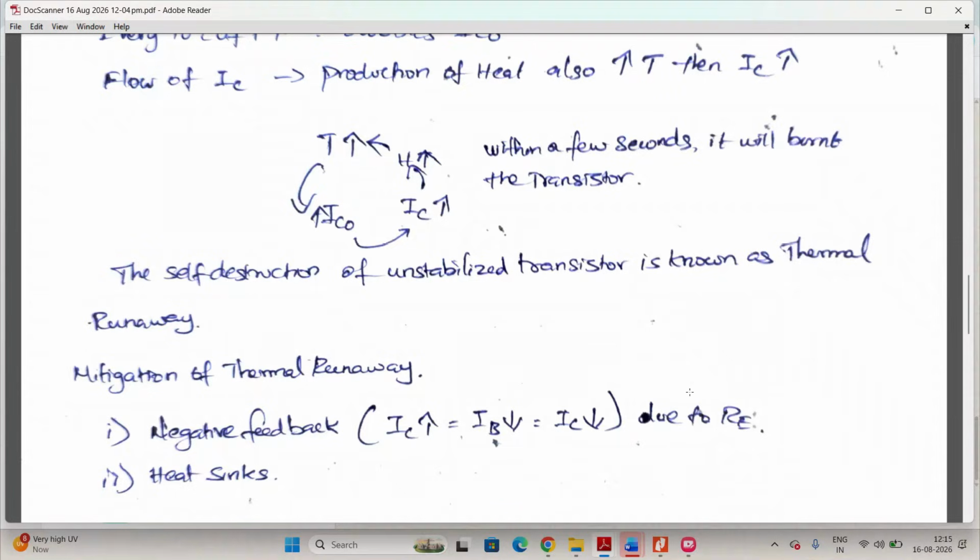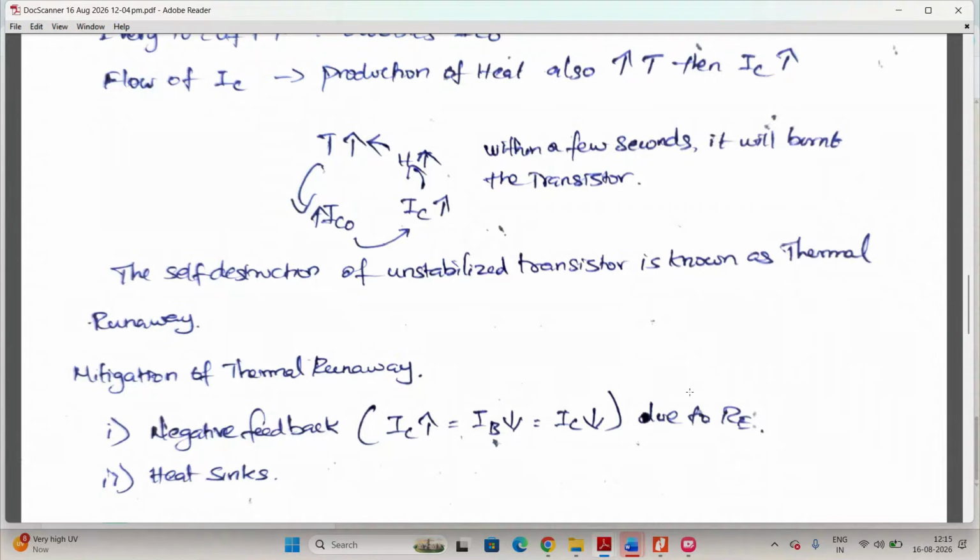So the temperature is stable, the leakage current is also stabilized, and the collector current flows like a constant. So it will break the cycle of thermal runaway. That reduces thermal runaway possibilities, and it maintains thermal stability.